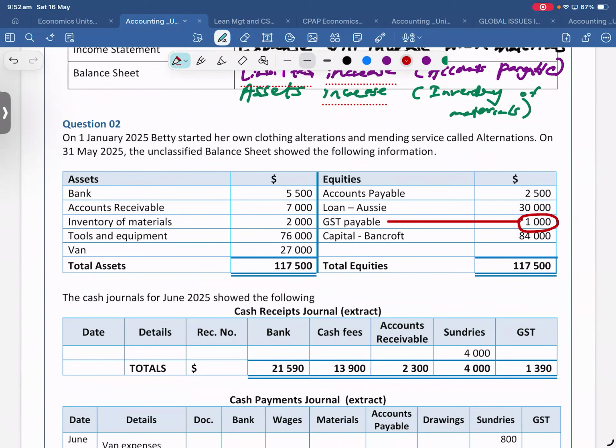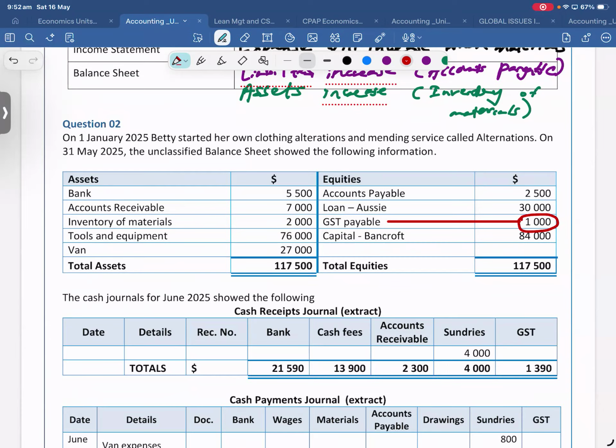Because in the previous period we collected more GST than what we paid, so we have to pay that. When we start the next period, that becomes a GST settlement. The opposite is the GST refund. We have done that.